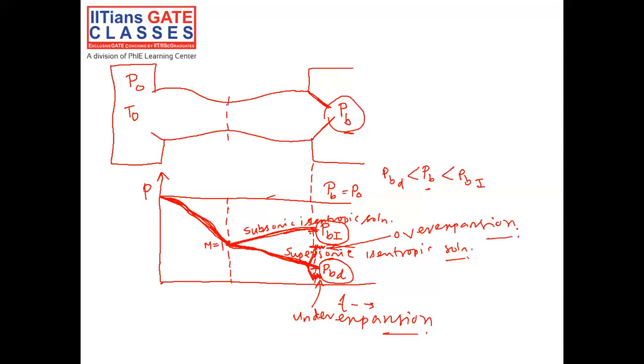So what we have seen is that when an oblique shock is formed at the nozzle exit, the condition is known as overexpansion, and when an expansion wave is formed at the exit of the nozzle, the condition is under expansion. So this is the expansion wave, and this is the oblique shock.